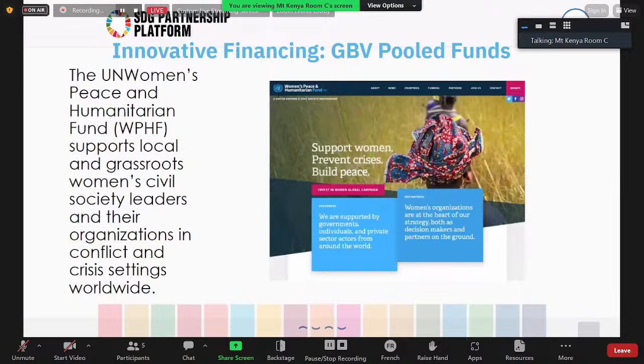We've heard of some interesting pooled funds, so GBV pooled funds that have been developed by the UN Women's Peace and Humanitarian Fund. So pooled funds is something we do encourage. I don't know if you know, but a lot of the richest countries in the world have made commitments under something called the Funding Compact.